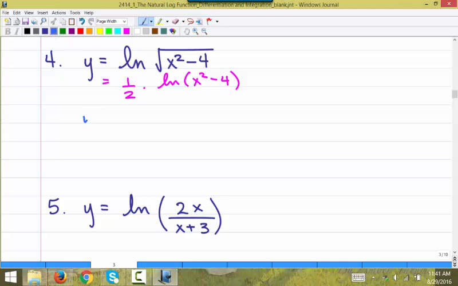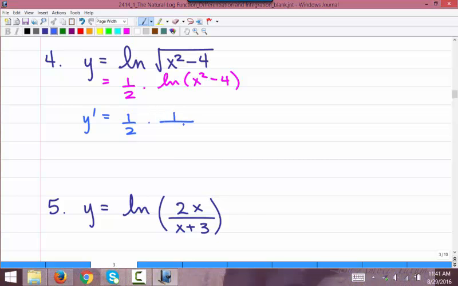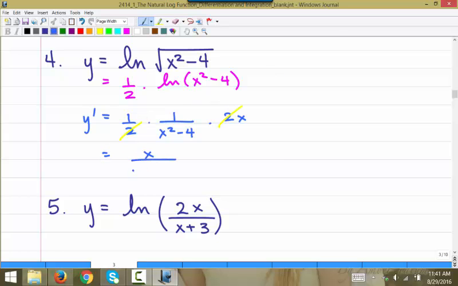So the derivative will be 1/2 times derivative of ln blah, 1 over blah, times, now what's the derivative of x squared minus 4? 2x. Just 2x. Now the 2's will cancel. And you're left with x over x squared minus 4. Not too bad? Does it get harder? No, it gets more fun.